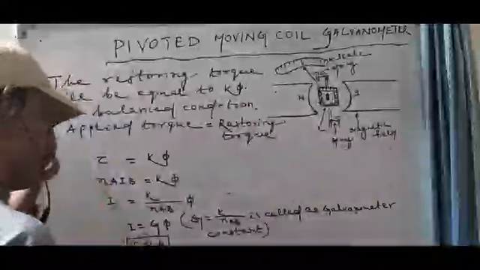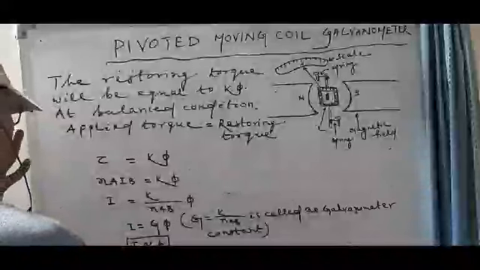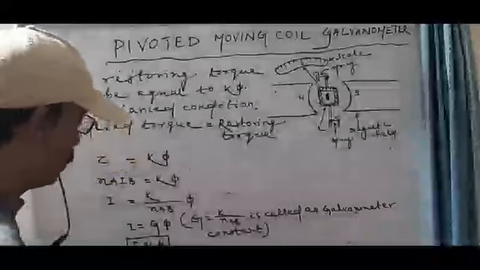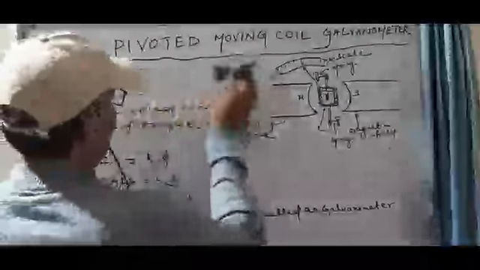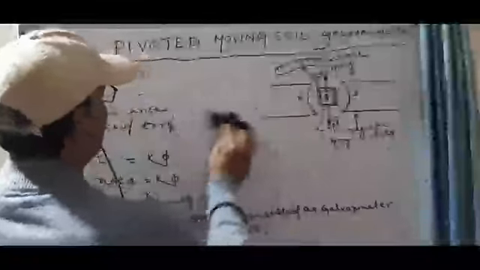And now here we find that I is directly proportional to phi. So what does this statement mean?